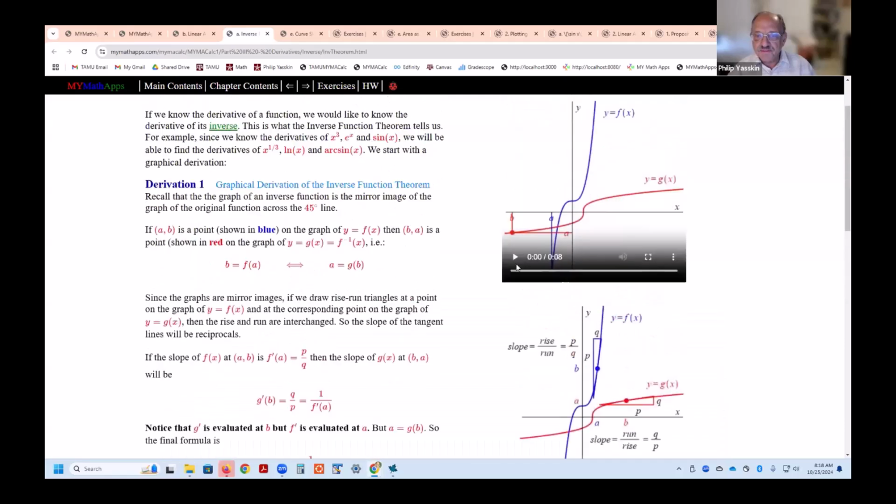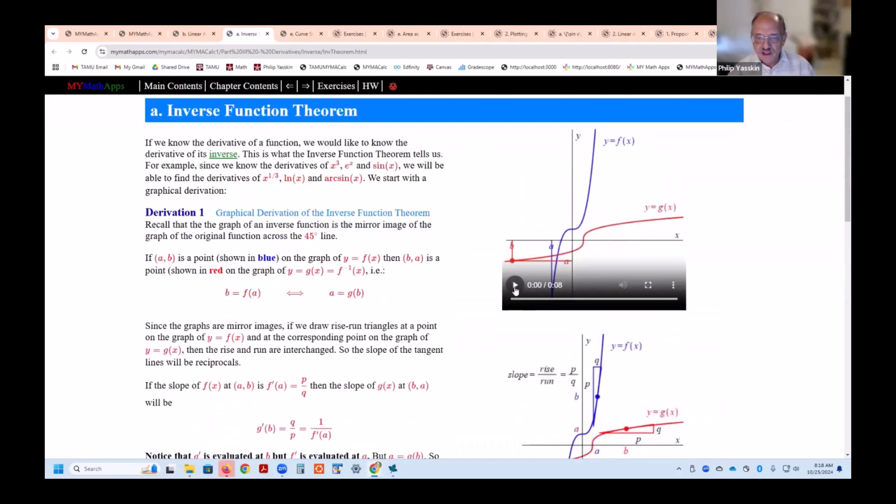Inverse functions. Here's a graph of a point on the function f and its inverse function g, helping them understand why it's a mirror image.